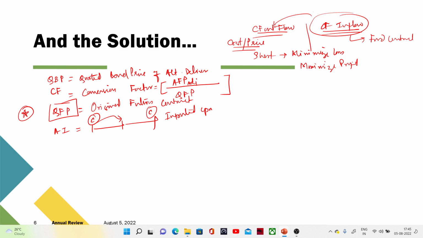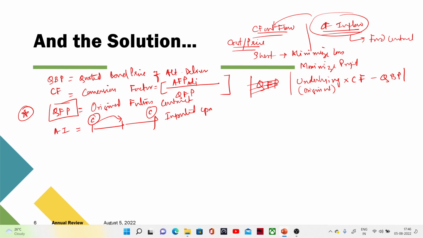To put it together in perspective, we assume this. So QFP, in this case, this is not QFP. In this case, it is basically the original underlying into the conversion factor minus the quoted bond price of the alternate delivery.